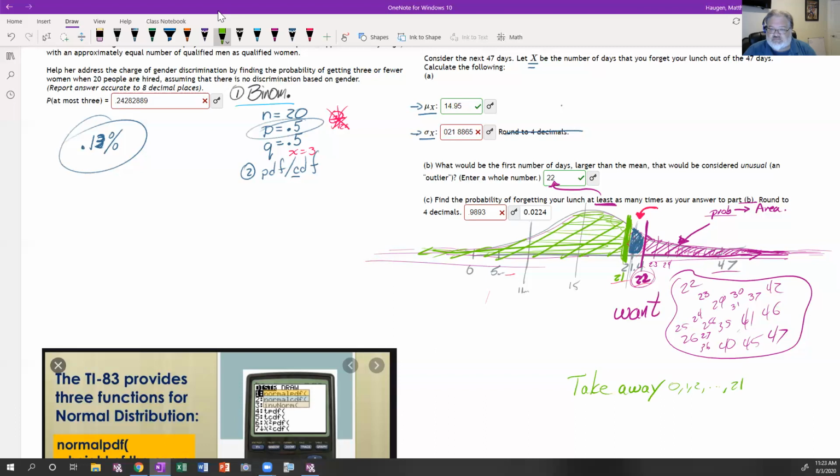Fair? Yeah, that makes sense. So 1 minus the bag that goes from 0 to 21 is going to give us the bag that contains 22 and up. Fair? Yes.